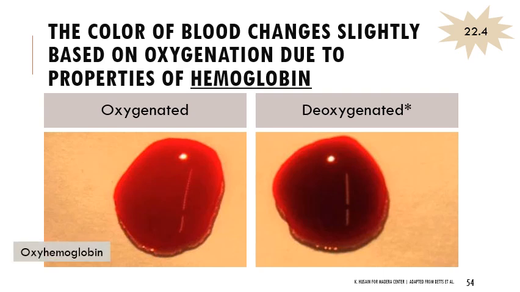Oxyhemoglobin is a bright red color. Deoxyhemoglobin is a darker color, and when we look at our systemic veins, which carry deoxygenated blood through our skin, it looks blue, but that's just because of how light refracts and the properties of deoxyhemoglobin, which is still red.